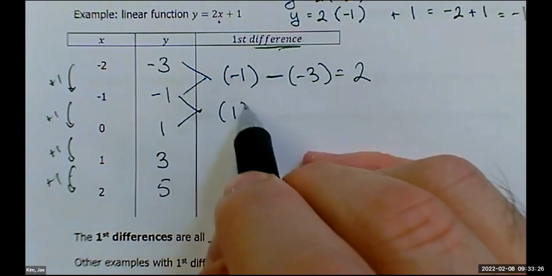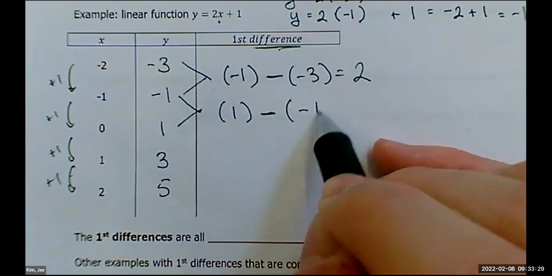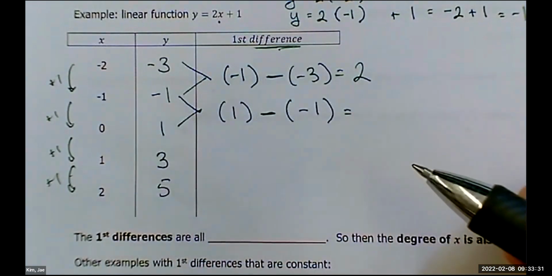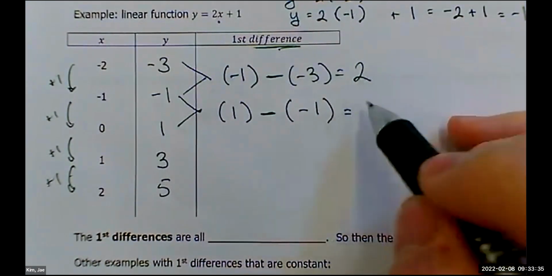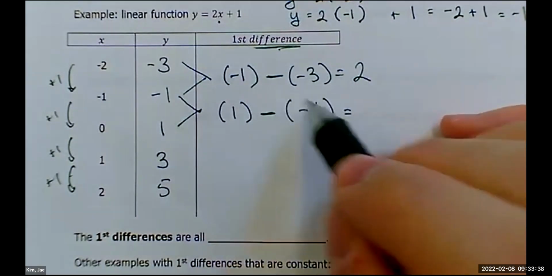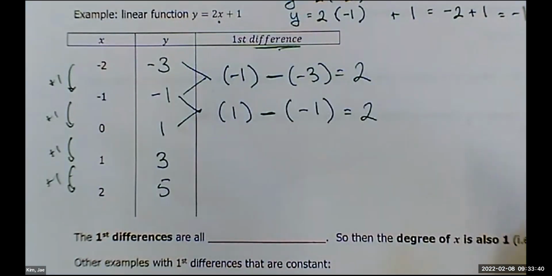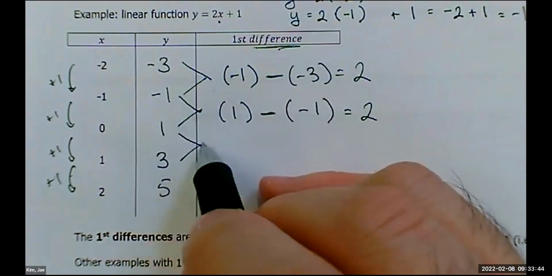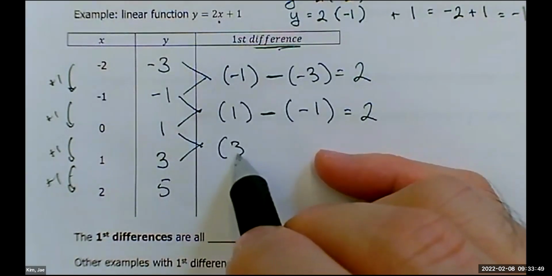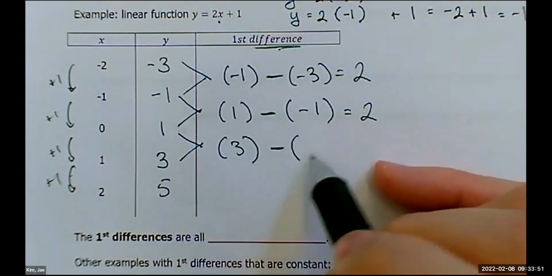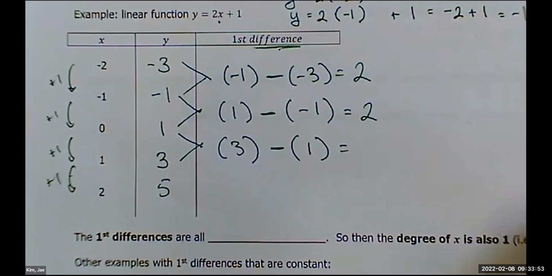So it's 1 subtracted by -1. The same pattern. The lower number subtracted by the upper number. That's 1 plus 1. That's a 2. Next. Same pattern. The lower number subtracted by the upper number. Are you seeing a pattern?